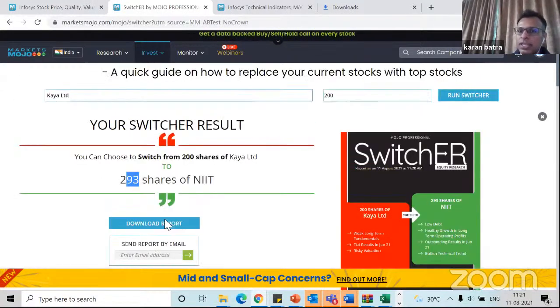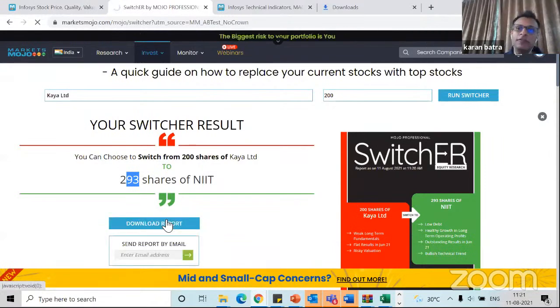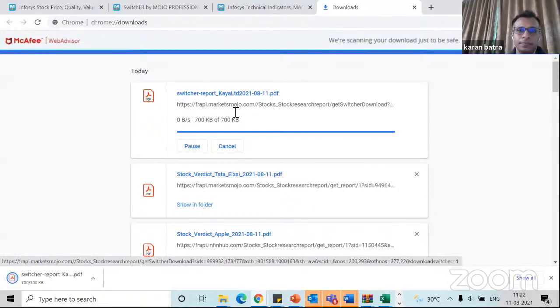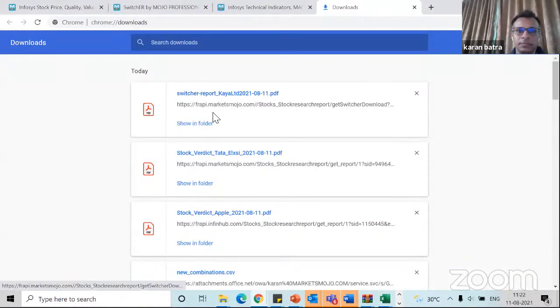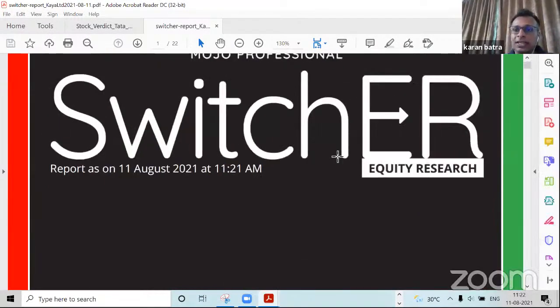Now, let's say why the system is saying NIIT. Like we saw, the Verdict is a single stock research report. This is a comparative research report of why get out of Kaya, what are the factors not working for Kaya, and what are the factors which are working for NIIT because of which you should switch. This is that comparative report.